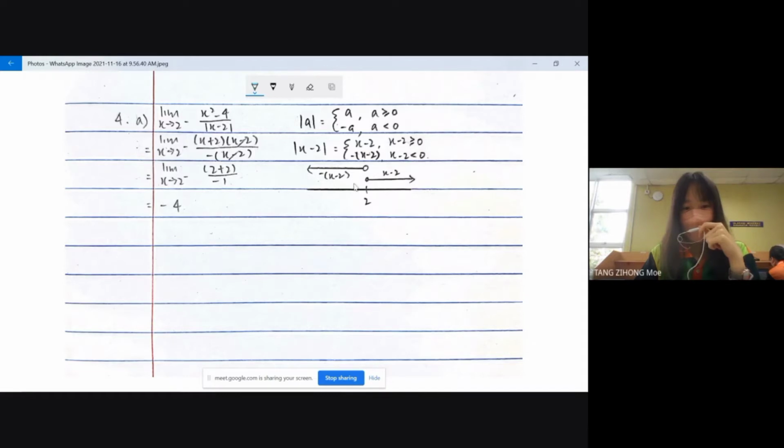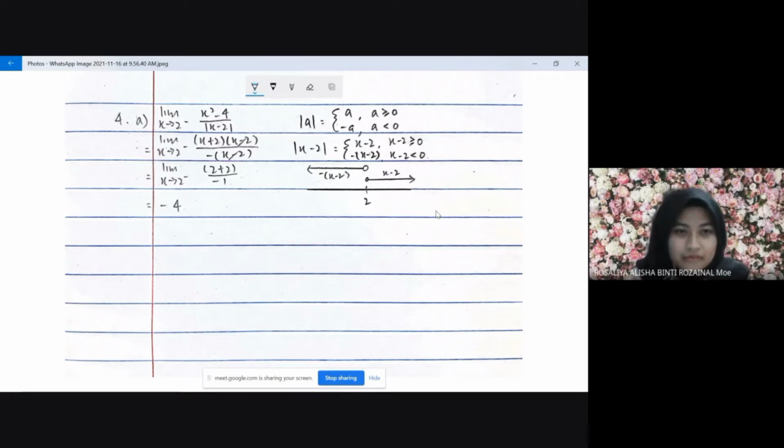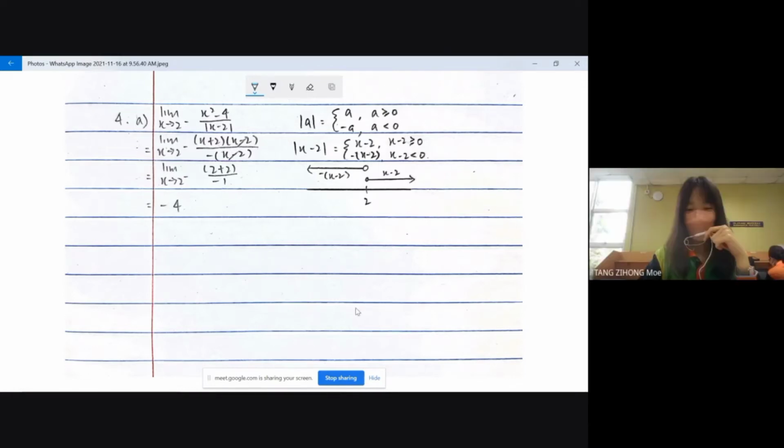So it comes from the left, and we have to use a negative. Here the equation has a negative, so we choose to use this, but not this, because it comes from the left. If the question asks for from the right, then we have to use x minus 2. Is it clear? Yes. Thank you.